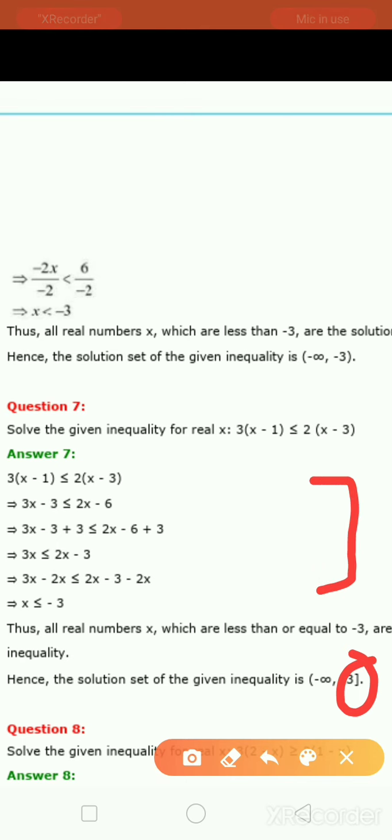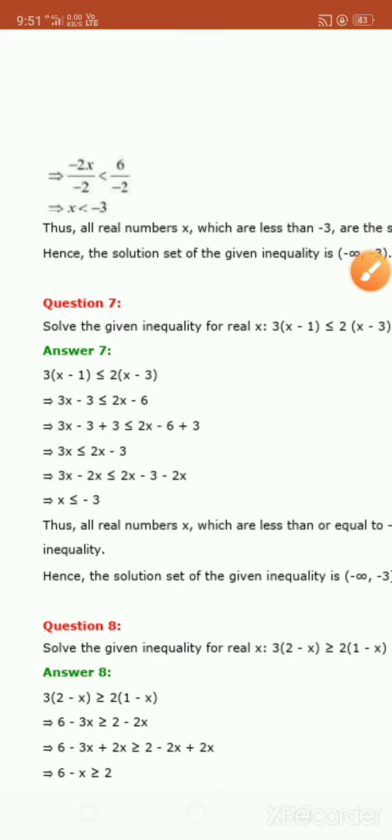If there is no equality symbol, we will write the smaller bracket. You have to observe that.